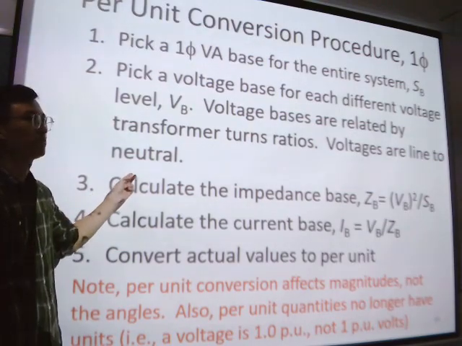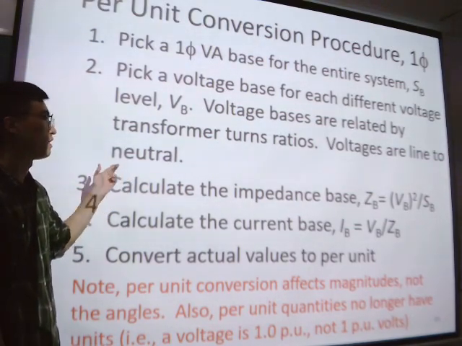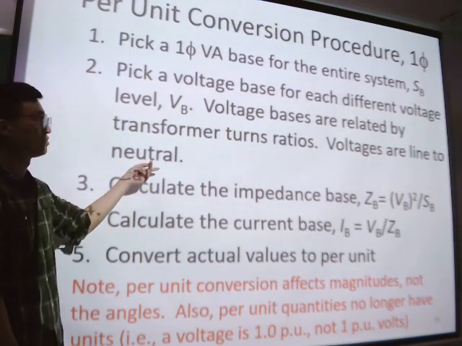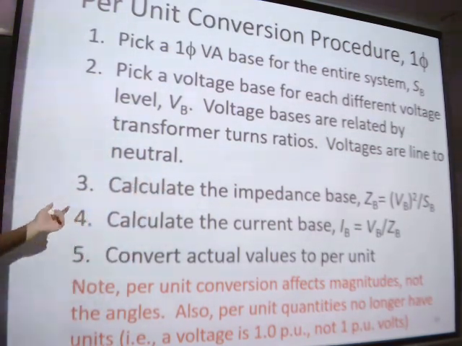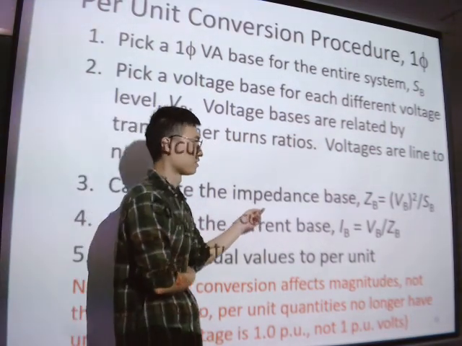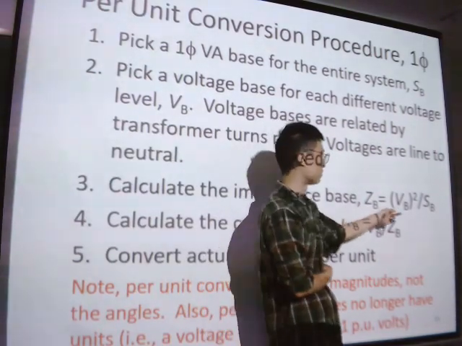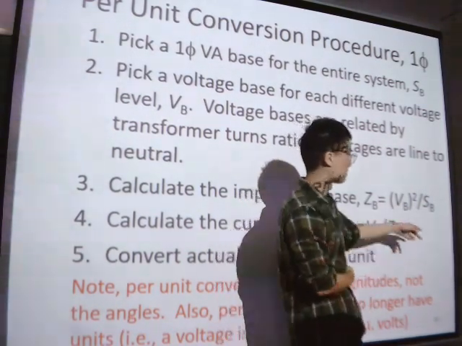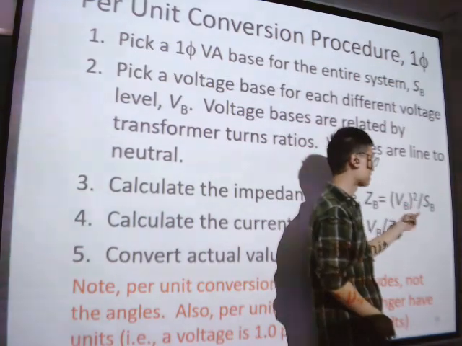And in the per unit system, we will assume that the voltage refers to the line to neutral voltage, rather than the line to line voltage, okay? So the third step is that we need to get the impedance base, because we know the complex power base and the voltage base.